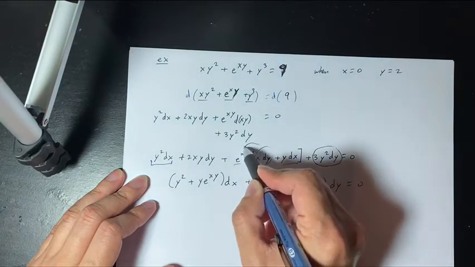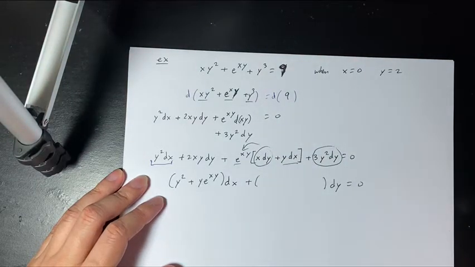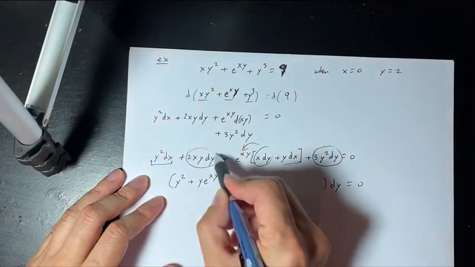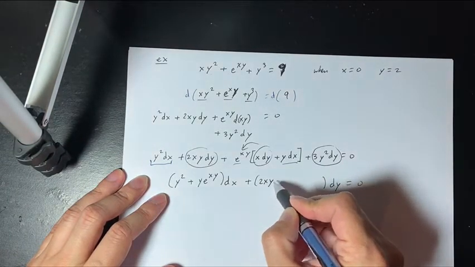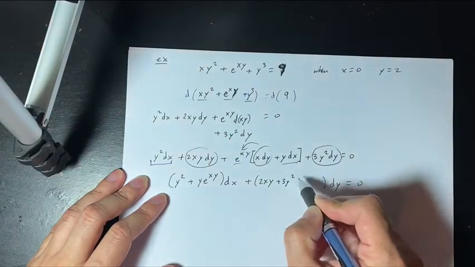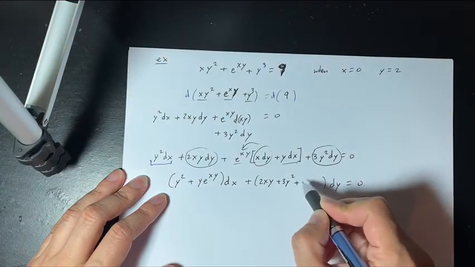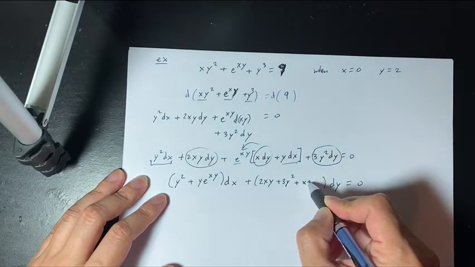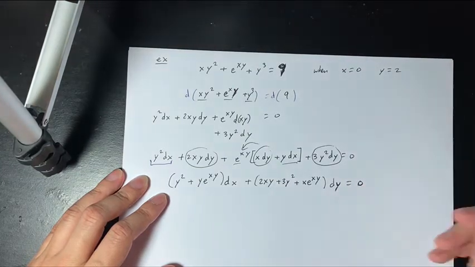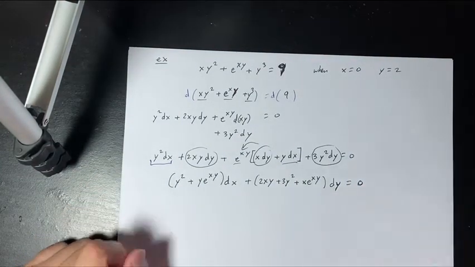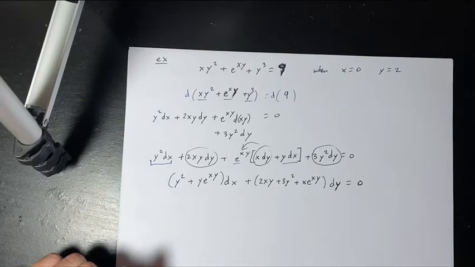Here's another dy term that's going to be multiplied by e to the xy. And then here's another dy term. So in total, you have 2xy plus 3y squared plus x e to the xy. Okay? And that's equal to 0.